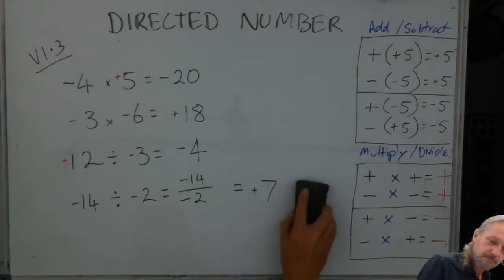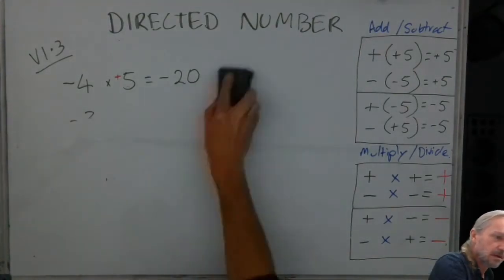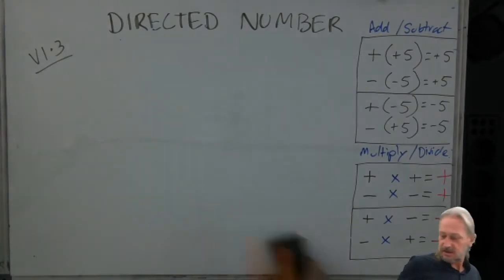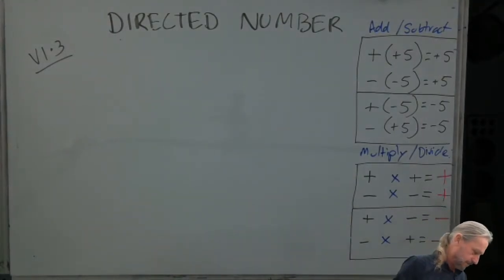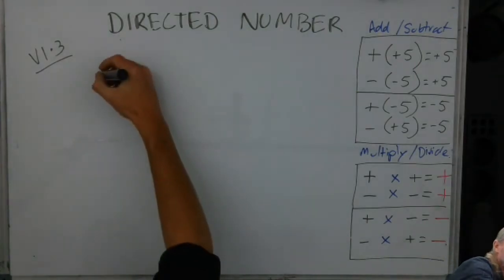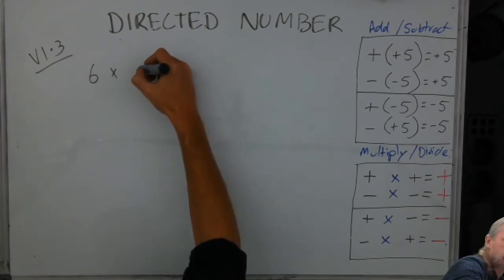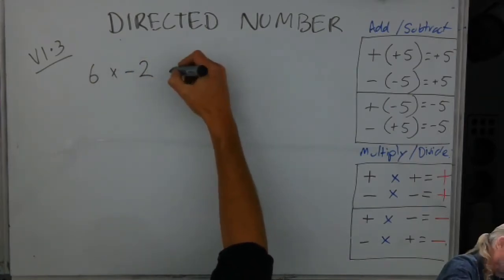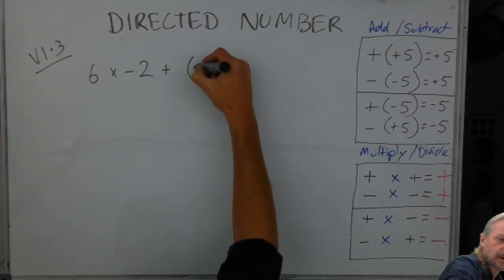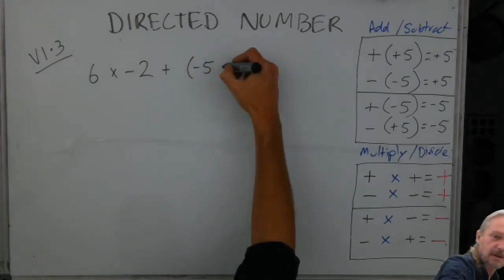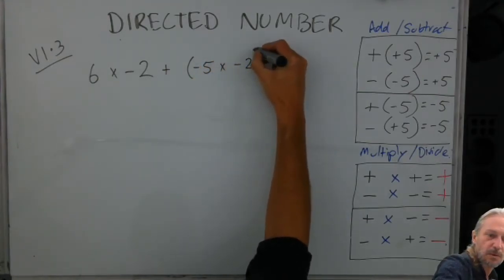So this is still the same. I might write these going down as well. 6 times -2 plus -5 times -2.